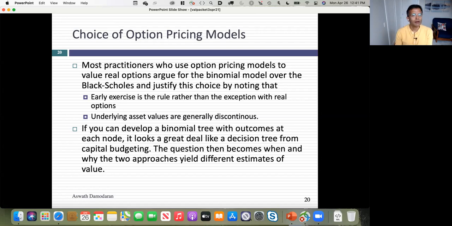So you know what I'm going to do? I'm going to disagree with them. I'm going to use the Black-Scholes model, even though it's a European option pricing model, to value a patent, to value undeveloped reserves. And I'm going to say, look, I know it's not right, but it's going to give you a floor value. Because remember, an American option should always trade at a premium on a European option because you get everything you get with a European option, plus the advantage of being able to exercise early.